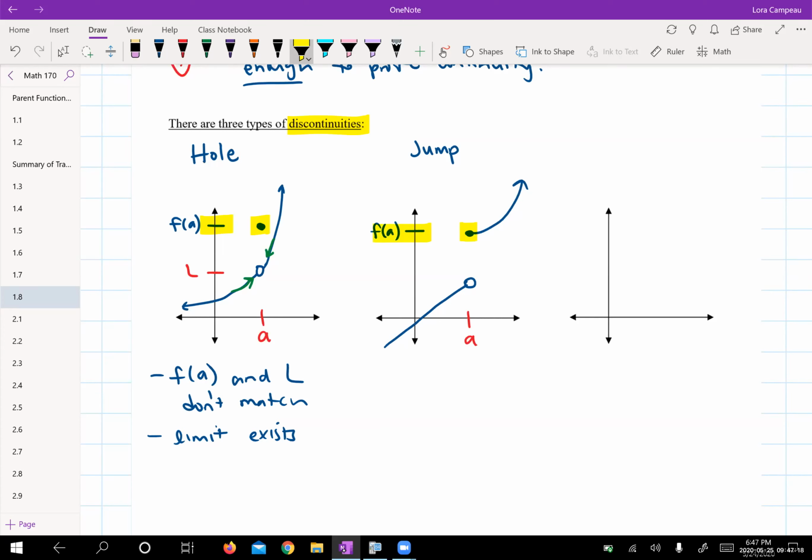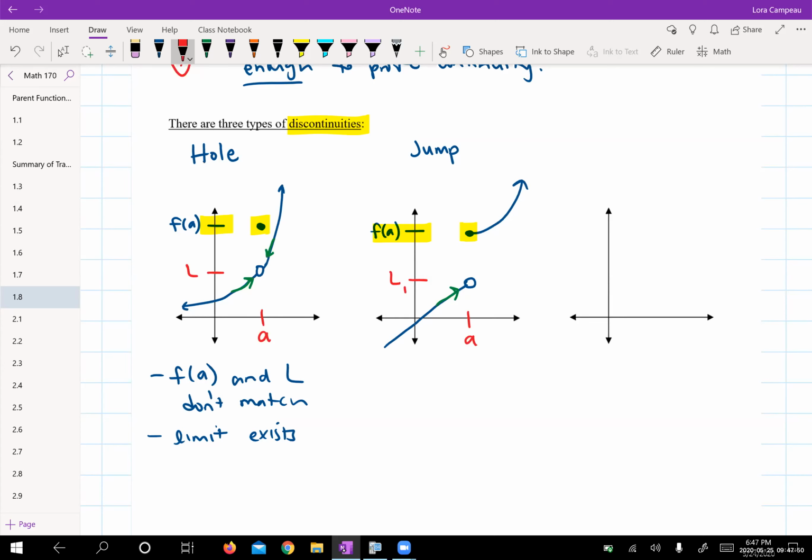And the limit, let's play around with this a little bit. I won't call it a number yet, but maybe it's some y value. Now, we'd have to be really careful, because if you are approaching a from the left-hand side, the y values rise to the limit, which I'll denote as L1.